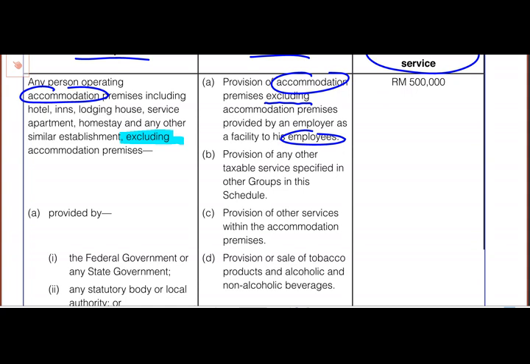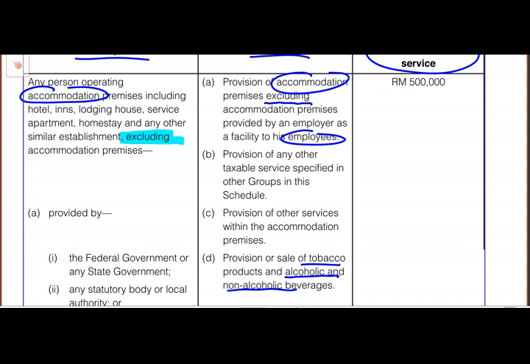Okay? Now, they also say that the provision or the sale of tobacco and alcoholic and non-alcoholic beverages. So selling food, drinks, selling tobacco and drinks, and non-alcoholic beverages. That means you sell Coca-Cola also 6%.